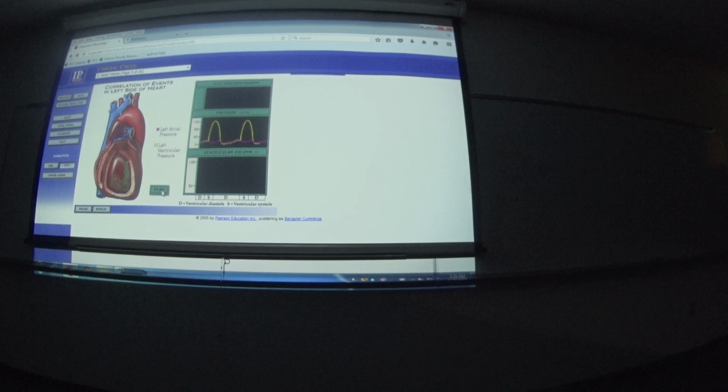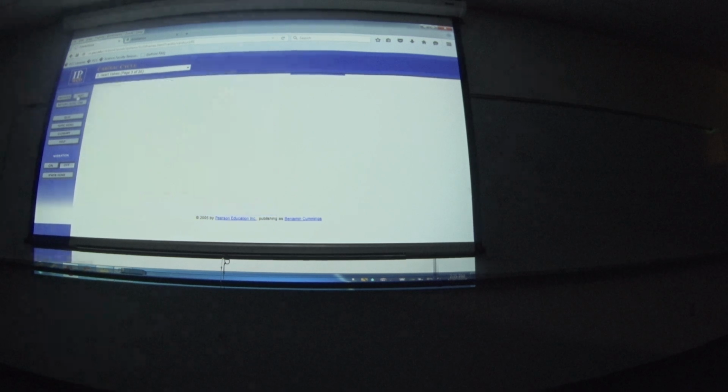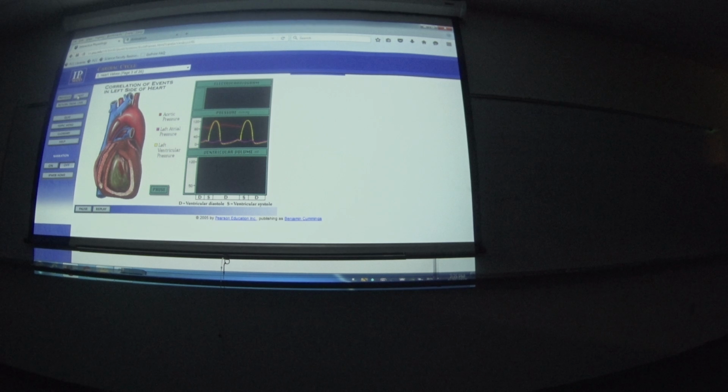Okay. Now we're going to get the harder graph to understand. This is the aortic pressure. This is an artery. I want you to look at the shape of the red graph versus the yellow graph. Notice how they're the same shape, more or less.